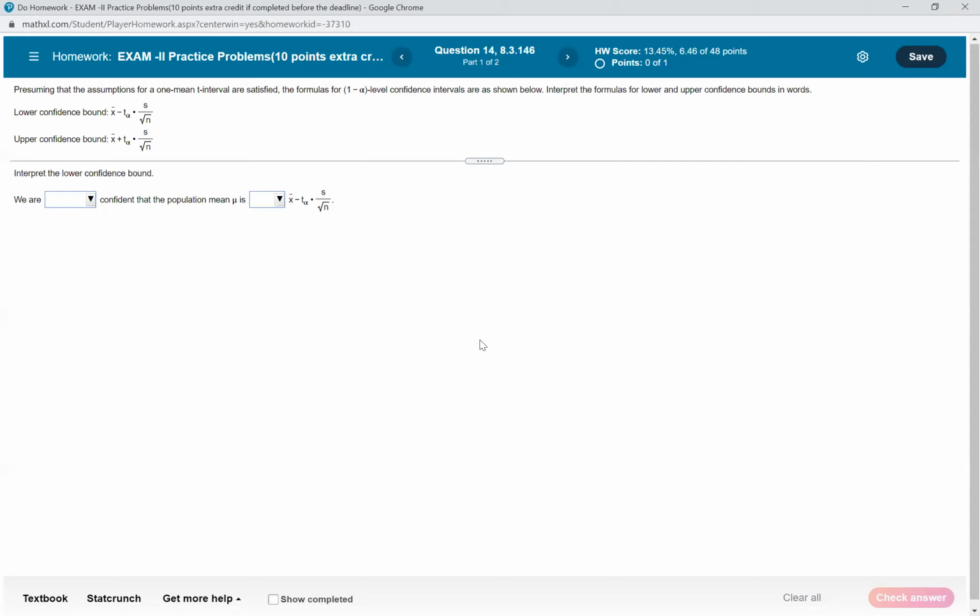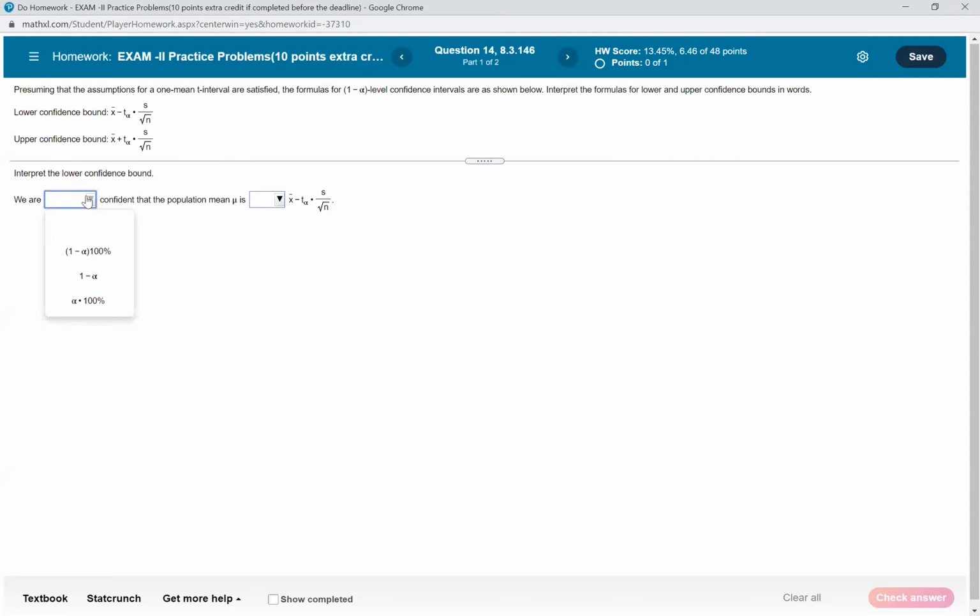Okay, so here our assumption is we'll be using a one mean t interval. That means sigma is unknown and we are using the sample standard deviation for sigma. So interpret the lower confidence bound.